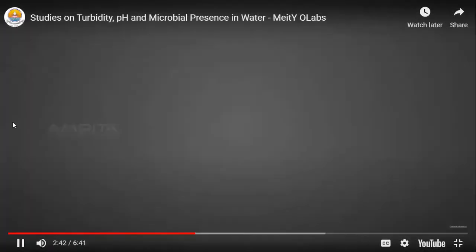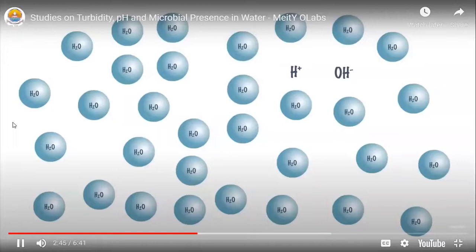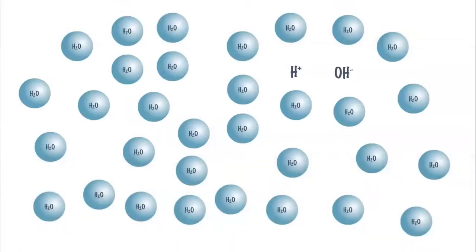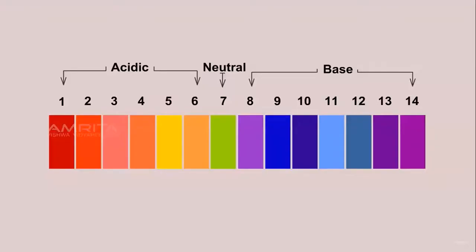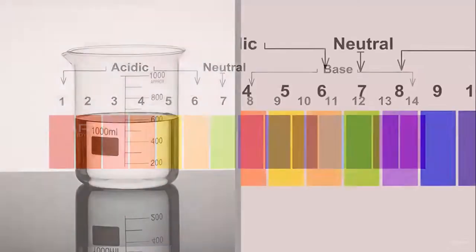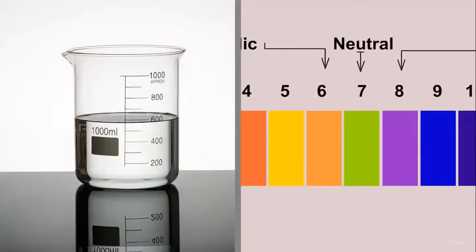The pH is a measure of the relative amount of free hydrogen and hydroxyl ions in an aqueous solution. Solutions with a pH less than 7 are said to be acidic, and with a pH greater than 7 are basic. The pH of pure water is 7 at 25 degrees centigrade.